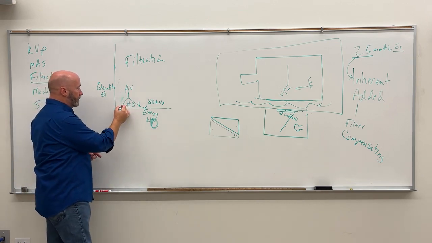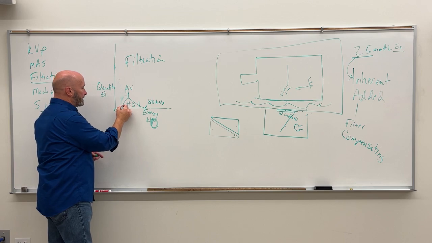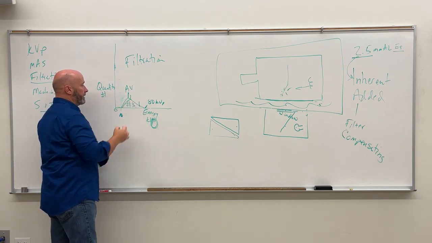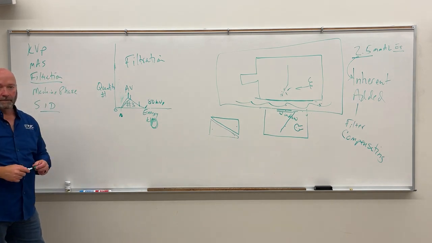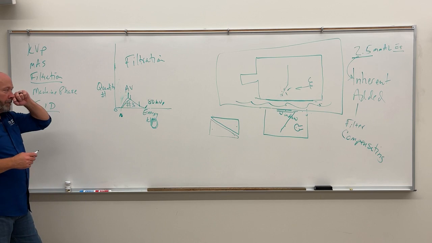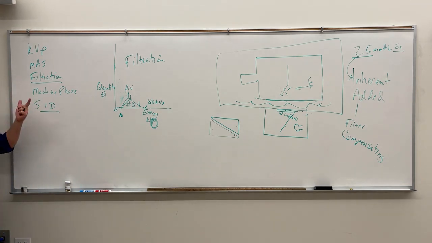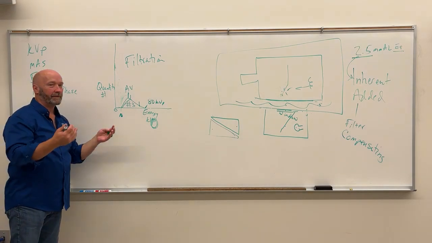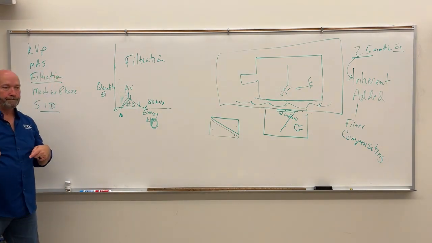So if we added any more filtration, what we would see is this. So our average now is here. Okay? So here's the problem that you're going to have understanding technique and filtration.